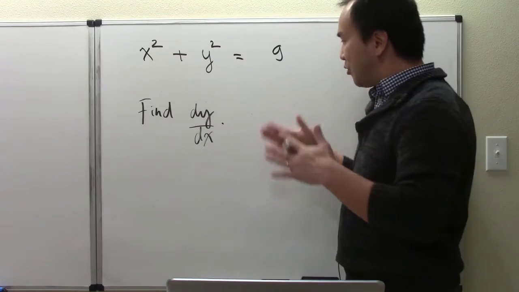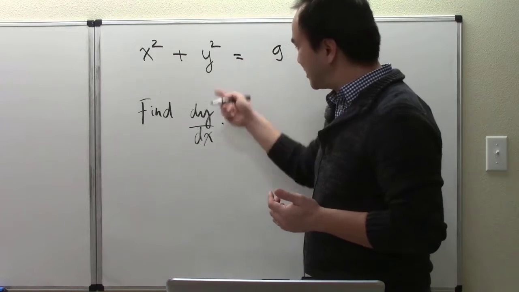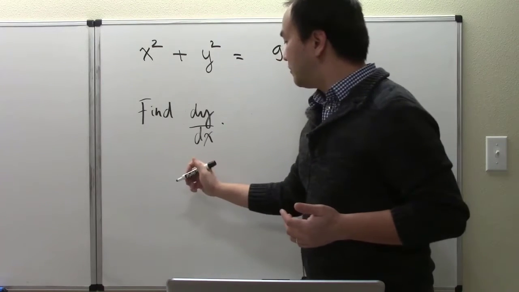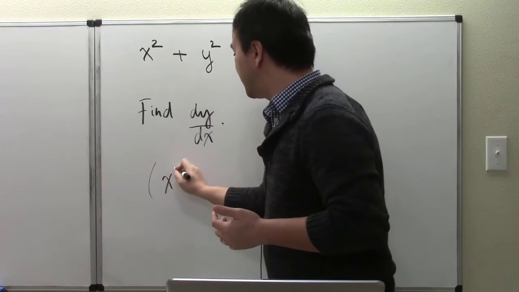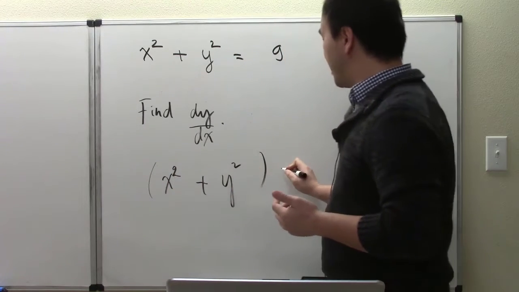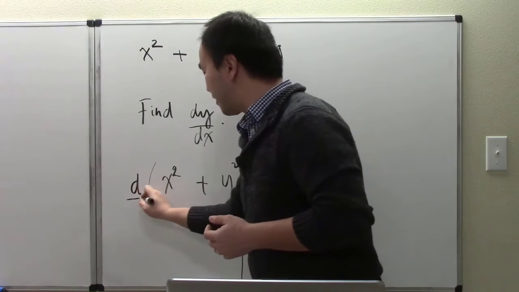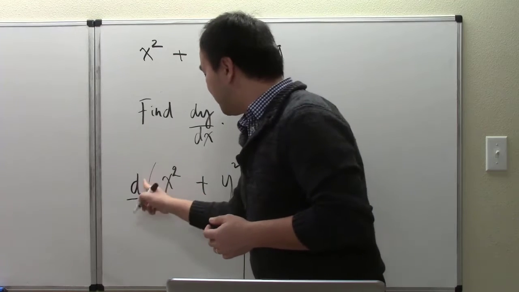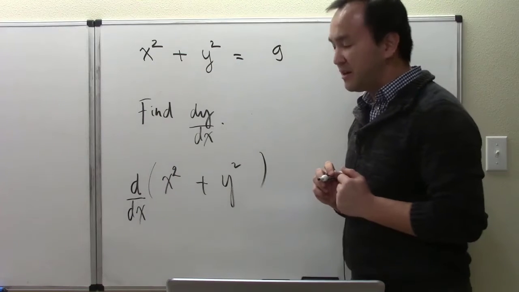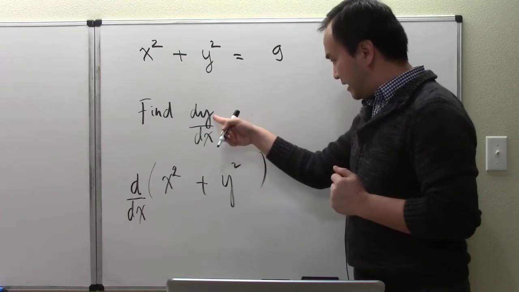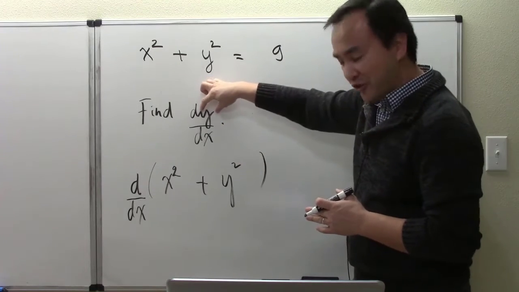I hope I don't have to remind too many steps, but implicitly taking the derivative on both sides, we have two terms on the left hand side, x squared plus y squared, and then we differentiate with respect to x, meaning treating x as the main, independent variable, and y here is our implicit function in terms of x.